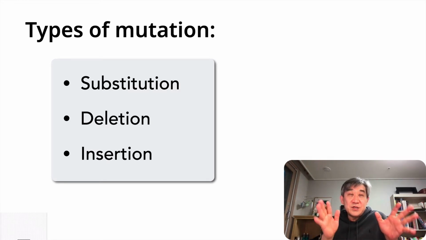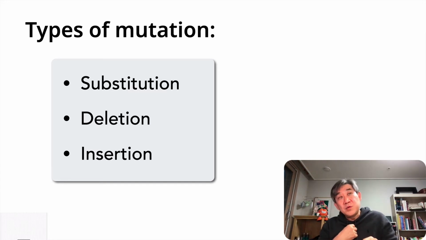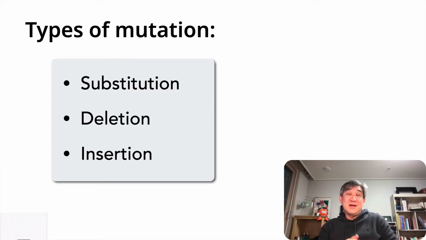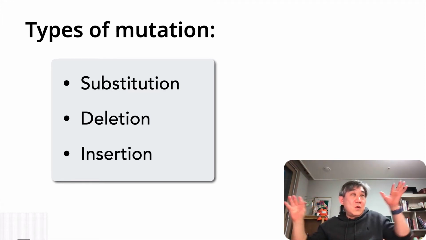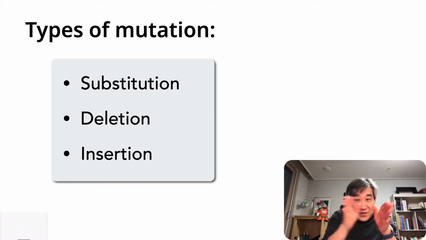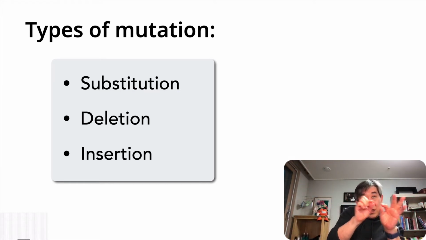We are talking about very small-scale mutations, although mutation can also occur on a much larger scale at the chromosome level. A huge segment of the chromosome can be deleted, broken, and then go somewhere else. However, first take a look at only the very small scale of local DNA sequence level.